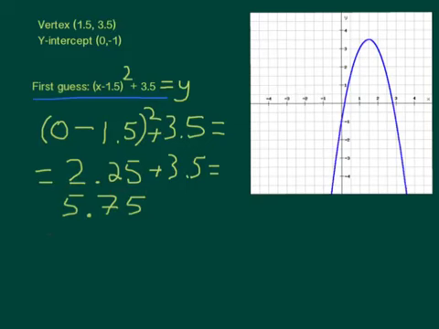So that does not equal -1. What have we missed out here? Our first guess was a good guess, but not good enough because there might be a coefficient before those brackets. So we now know that our function must look like something like this.